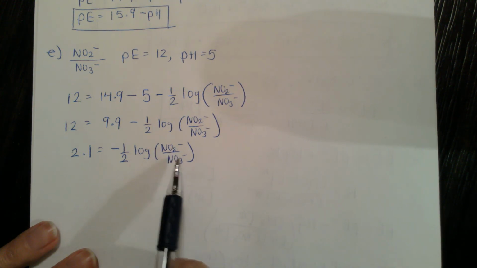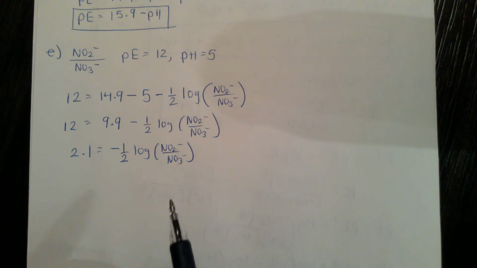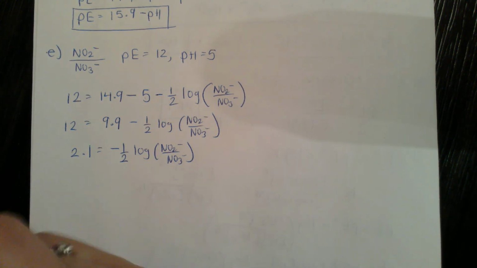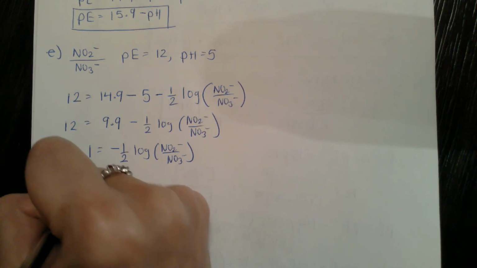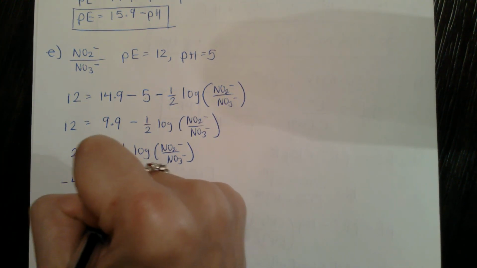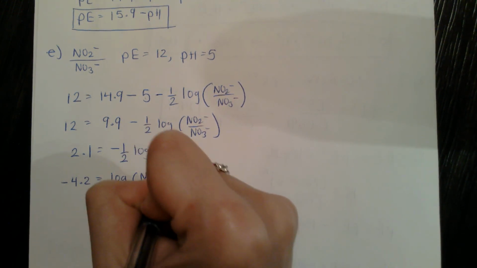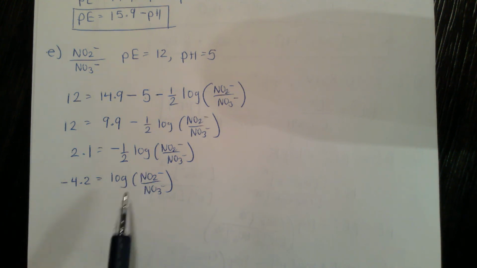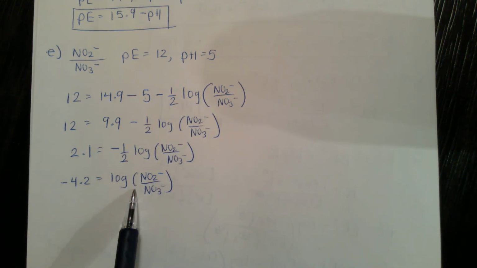Working towards this, we multiply each side by -2. You get -4.2 equals log NO2 minus over NO3 minus. Now we've essentially eliminated everything on this side except for our log.